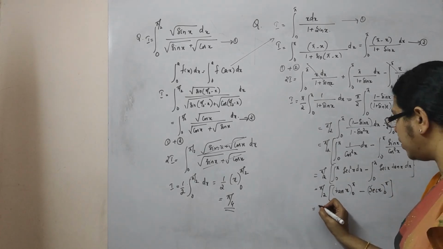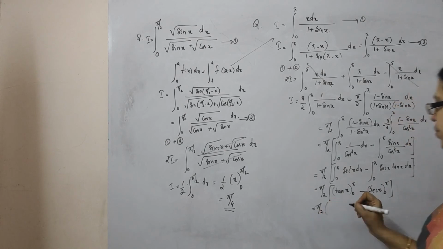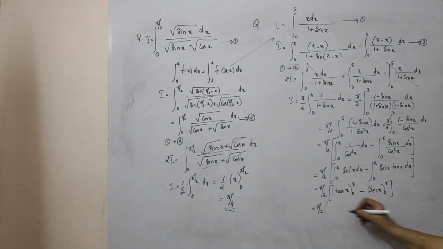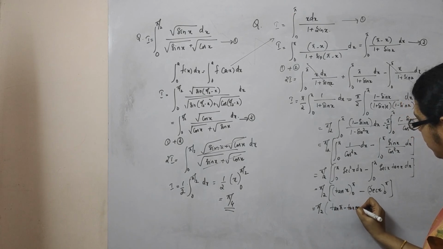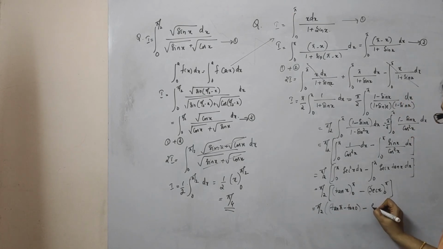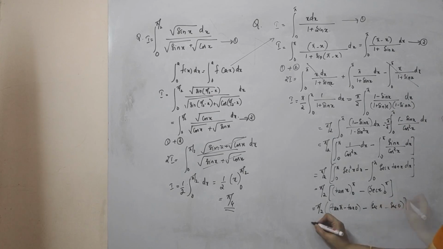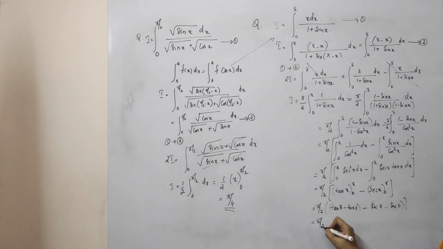Now this is equal to pi by 2 into tan pi minus tan 0, minus sec pi minus sec 0. What is the value of tan pi?